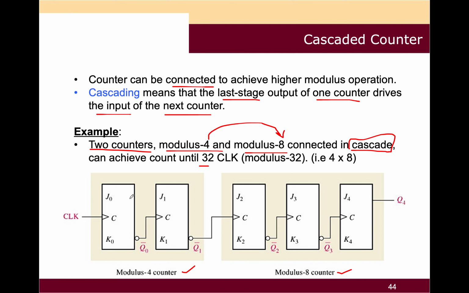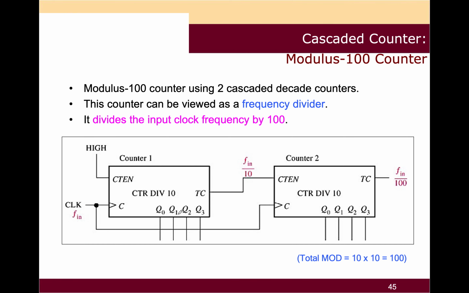So that's why you have 2 JK flip-flops in the modulus 4 counter, and for modulus 8 you have 3 JK flip-flops. Now let's say a modulus 100 counter uses 2 cascaded decade counters.